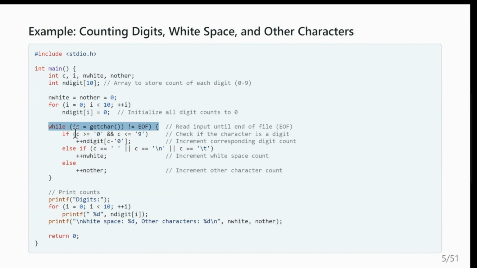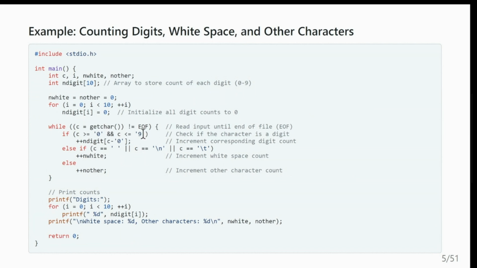We compare the input with the character 0 and the character 9. It should be greater or equal to 0 and smaller or equal to 9. So that's between 0 and 9, which means it's a digit. This is what I'm trying to tell you, that the character in C is stored as an integer.